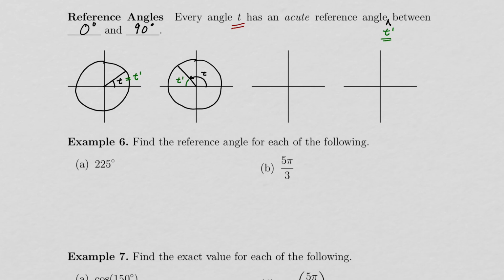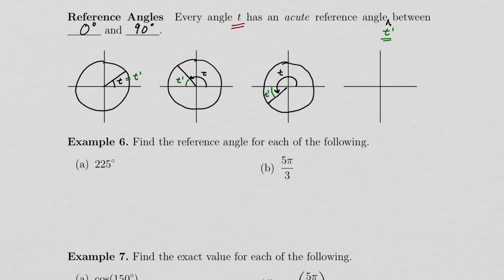Okay, if I'm in the third quadrant, so somewhere in here, my actual angle will be this angle from the positive x counterclockwise. So that's t. But my reference angle is just the angle that that terminal side makes with the x-axis. So it's just this, back to the negative x-axis.